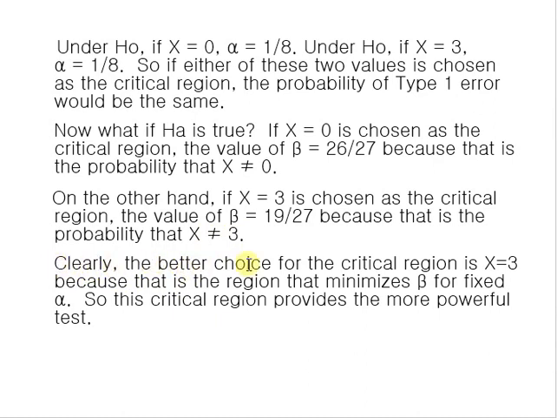Clearly, the better choice for the critical region is X is 3, because that is the region that minimizes beta for fixed alpha. So this critical region provides the more powerful test.